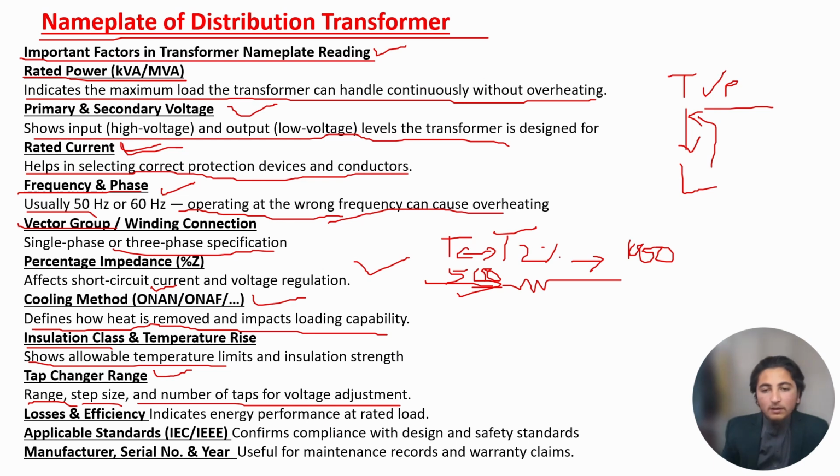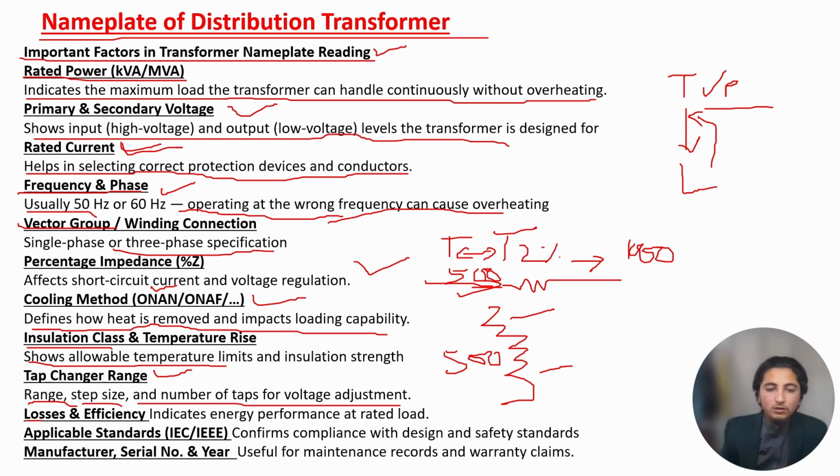For example, if my 500 kVA transformer has two taps, it will give me either 50% or 75%. So the more taps we have, the more voltages we can get from this transformer.